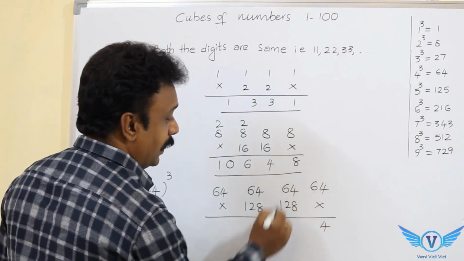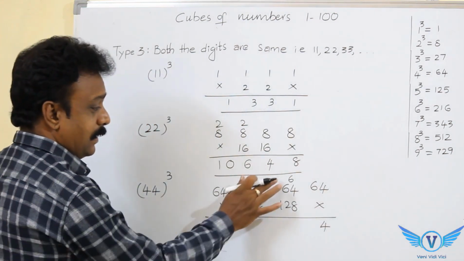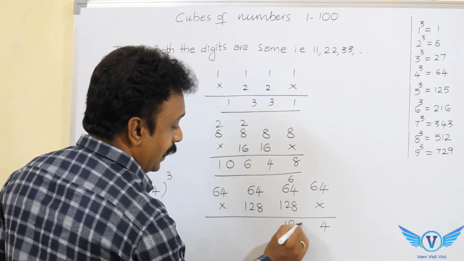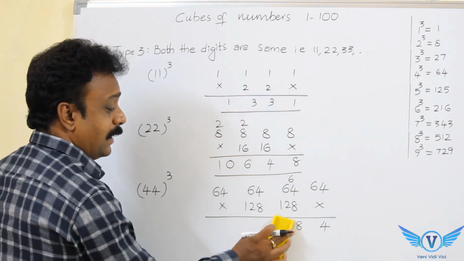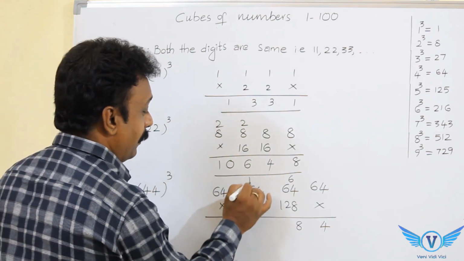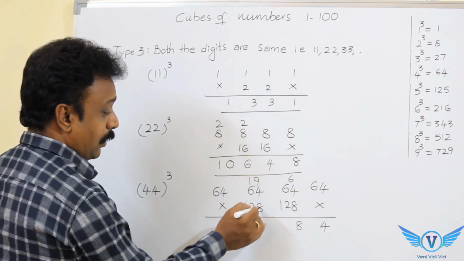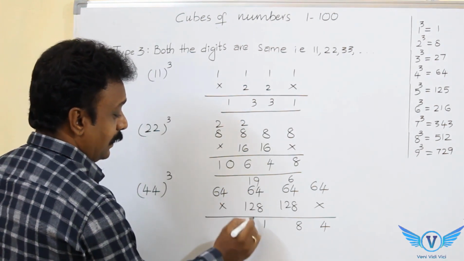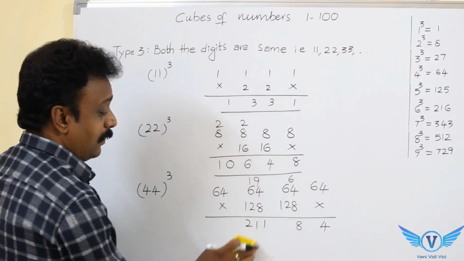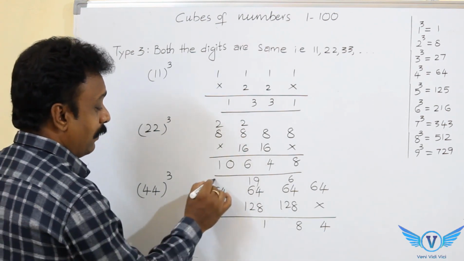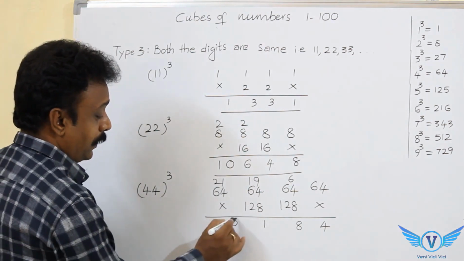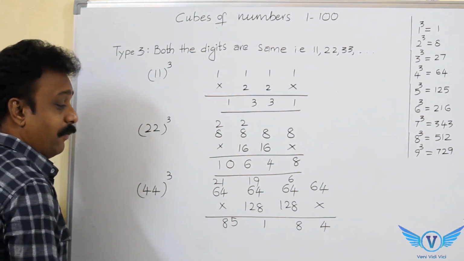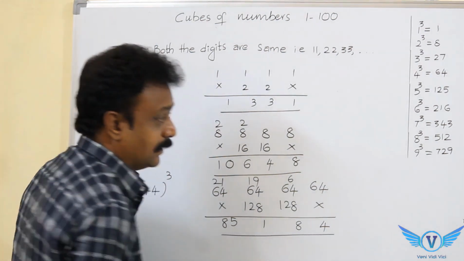We will write 4 only. 6 will be carried. 6 plus 64, 70. 198. But we will write 8 only. 19 will be carried. Here total 8 plus 4, 12, 21. 2, 3, 9, 11. 211. We will write 1 only. 21 will be carried. So 85,184 will be your answer.